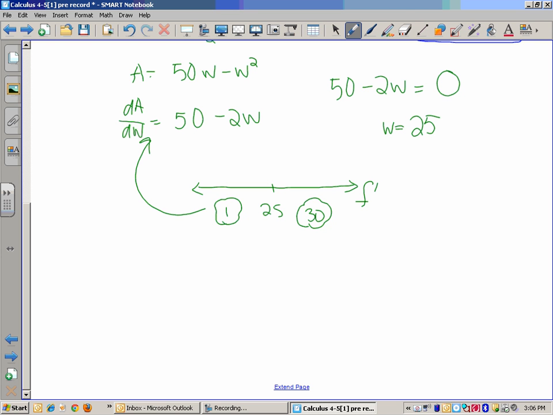When I plug in 1, I'm going to get a positive number. And when I plug in 30, I get a negative number. This tells me that my area is increasing until I get to 25, and after 25, my area is decreasing.